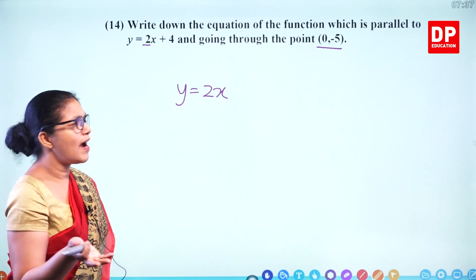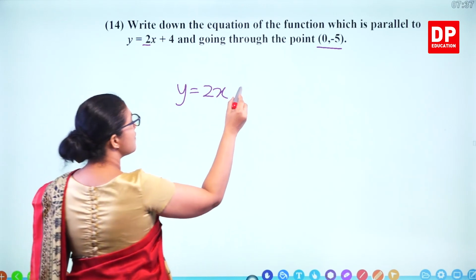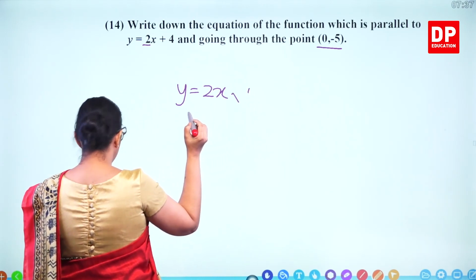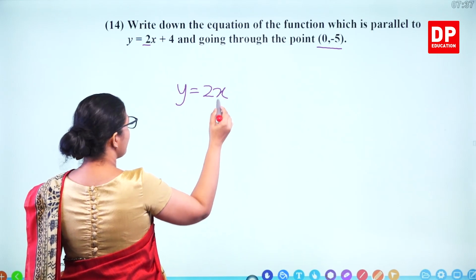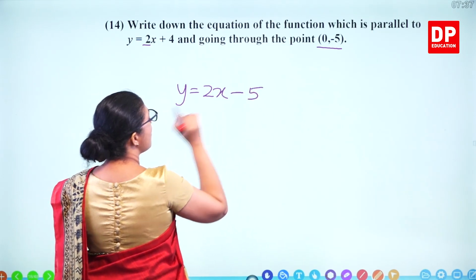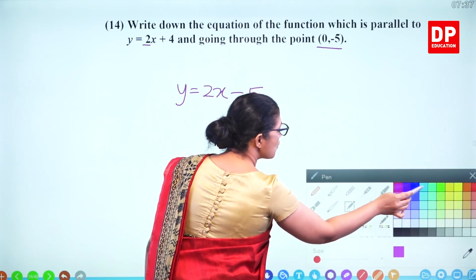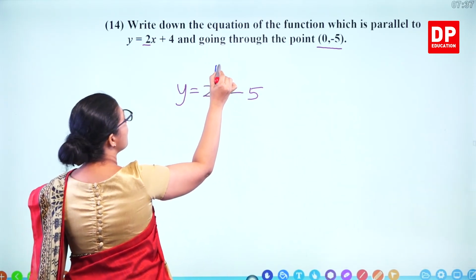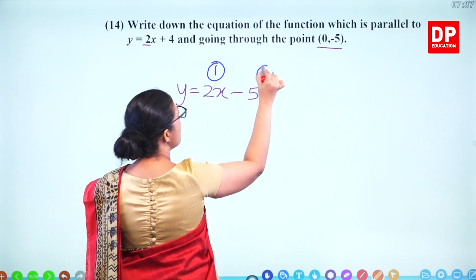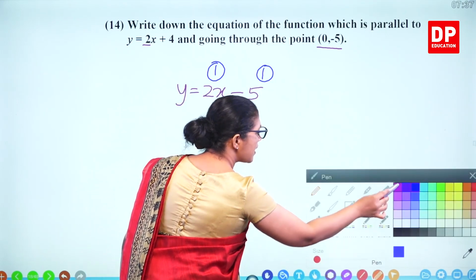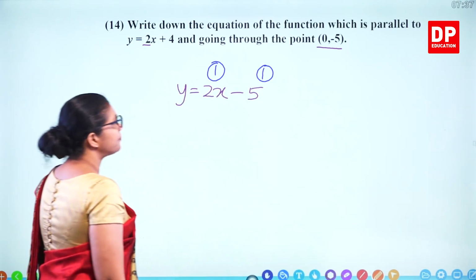That's the y-intercept C. So straight away you can write down minus 5. So that's 1 mark for the gradient and 1 mark for the correct y-intercept.